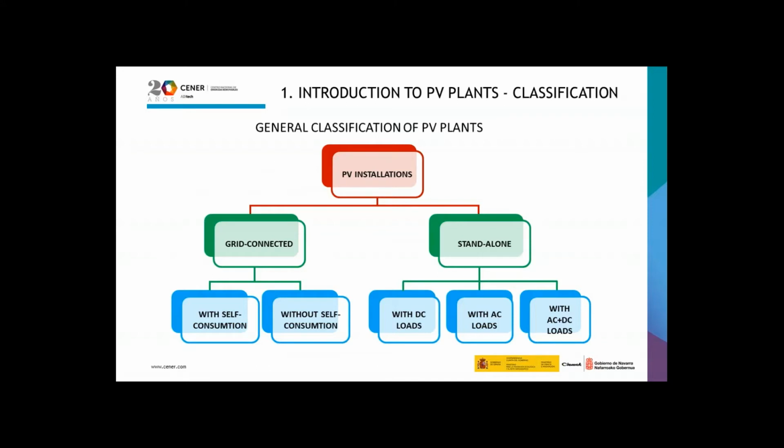As an introduction to this presentation, photovoltaic plants can be classified into 2 main groups, grid-connected and standalone. In addition, each group can be divided into PV plants grid-connected with self-consumption and without self-consumption, and PV plants standalone with DC loads, with AC loads, and with AC and DC loads.